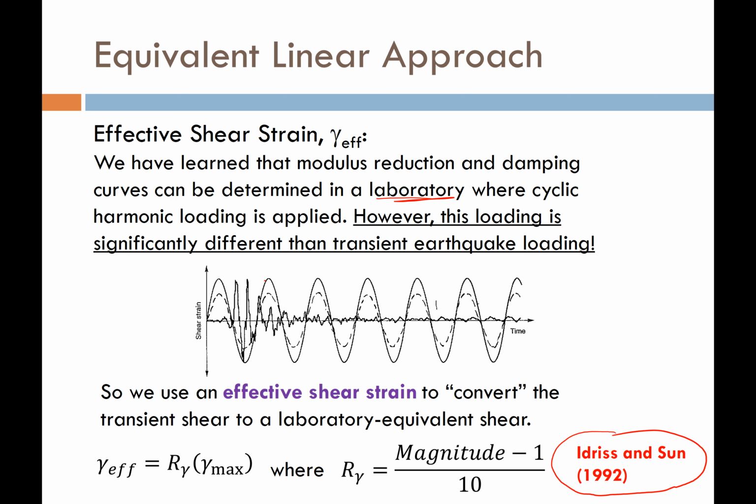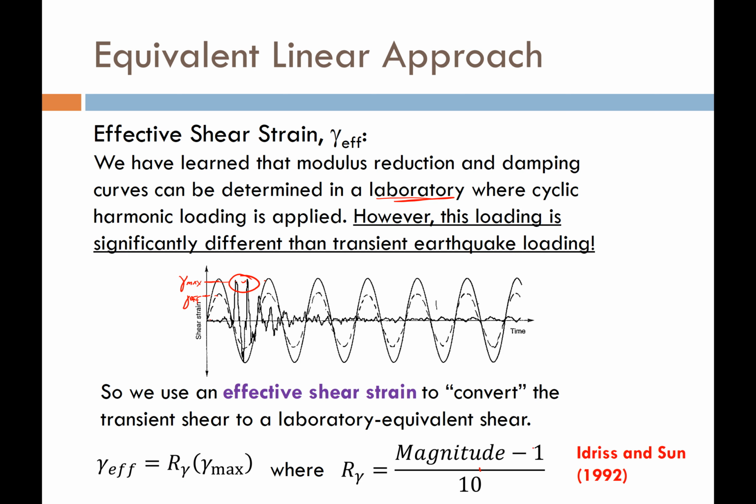A relationship has been proposed by Idriss and Sun in 1992, where we can compute the effective shear strain as some function of the maximum shear strain. If the maximum shear strain from our transient motion is, say, that guy, then what we need is this factor to multiply by our maximum shear strain to get this equivalent shear strain.